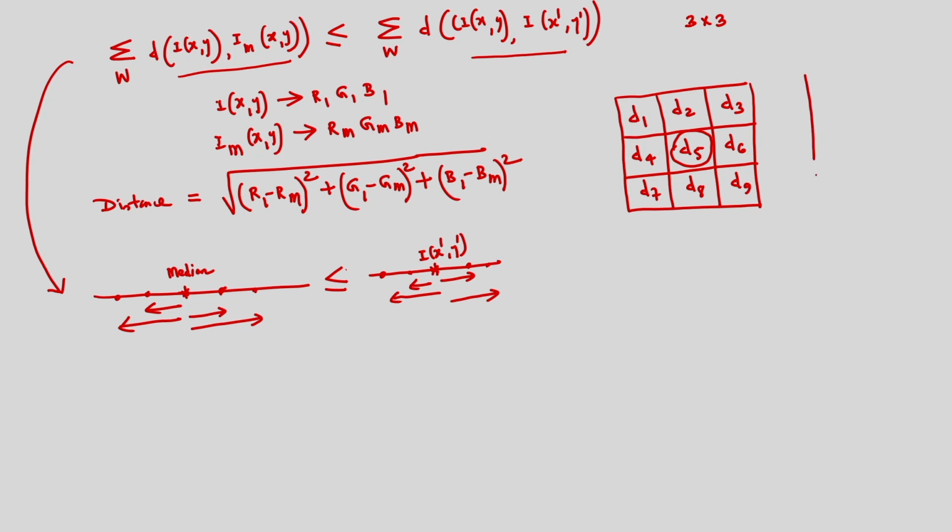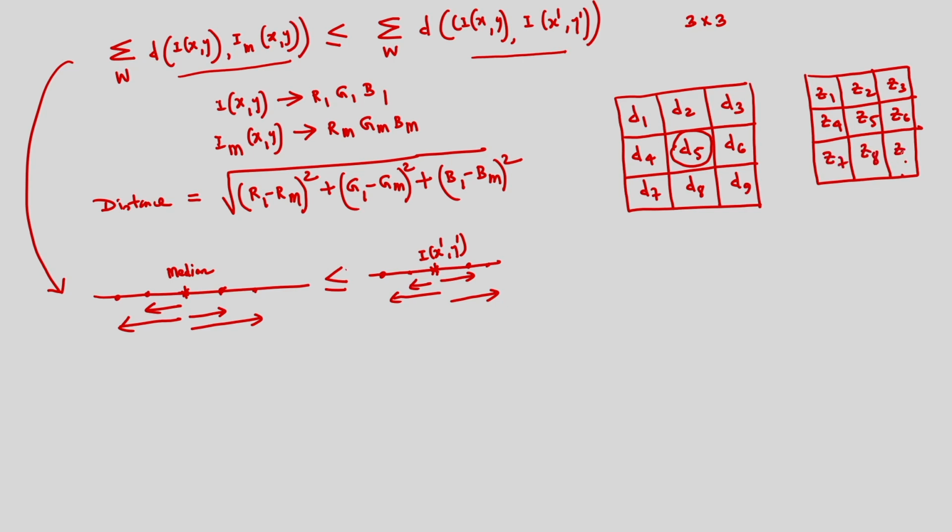So, if I consider this image, suppose corresponding to this 3 by 3 window, my pixel values are Z1, Z2, Z3, Z4, Z5, Z6, Z7, Z8 and Z9.